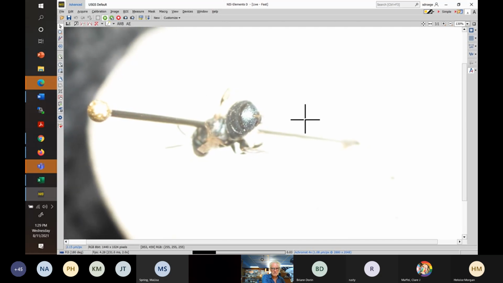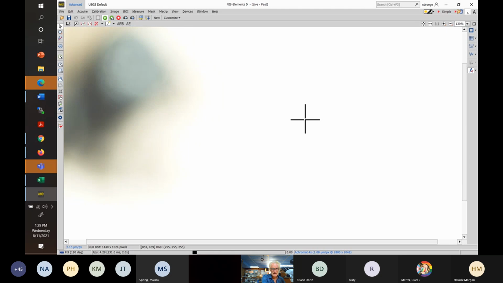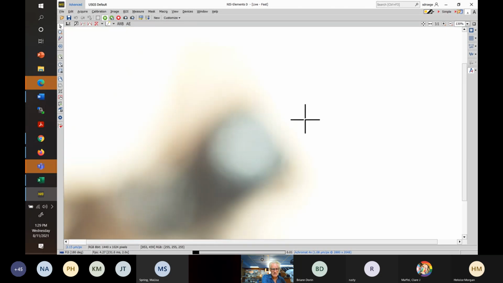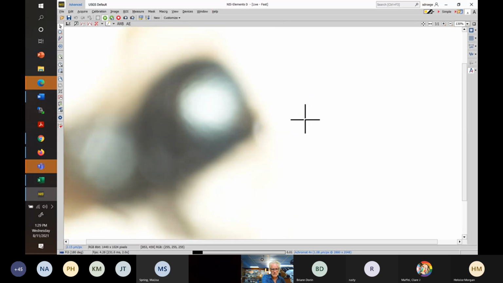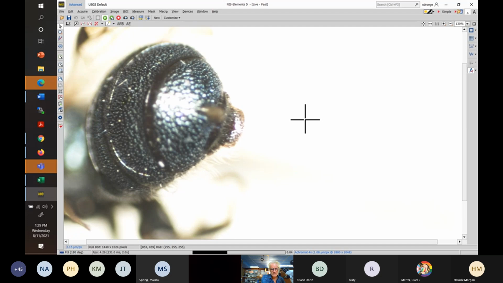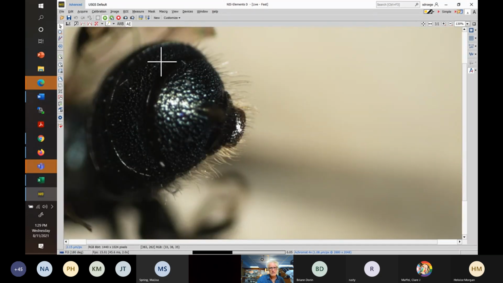Bring that down there and jump this up. Probably should have used the black clay today. Okay, somewhere right in there. And there's a flange.